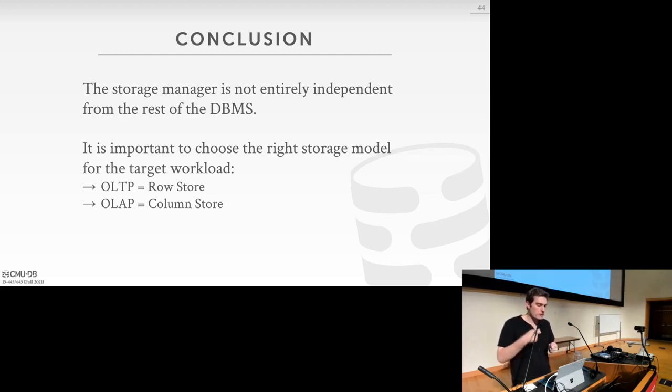There's not always a clean cut between layers in the stack. And it's really important to choose the correct storage model for the workload that you're targeting. If you got nothing else out of this lecture, just remember: for OLTP, you want row storage, and for OLAP, you want column storage, because otherwise you'll get crushed.